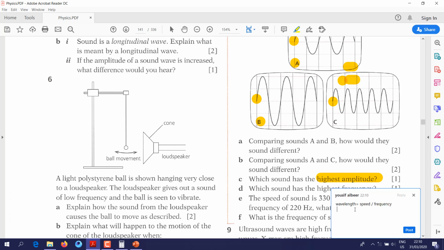How much is the speed? It's 330, over the frequency, which is 220. So 330 over 220, the answer will be 1.5 meters, because we are finding wavelength.